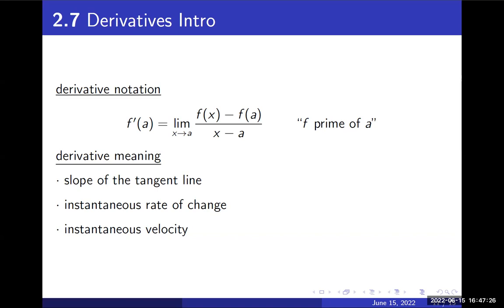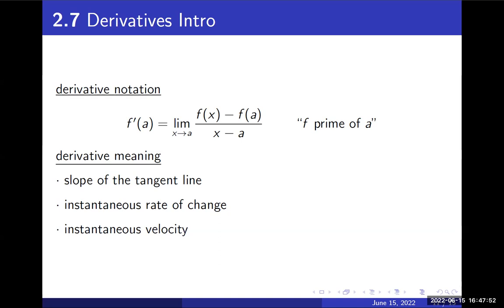It might be something like dollars per year, which doesn't have an actual physical representation. So if you see problems in the homework that say find the slope of the tangent line, they mean find the derivative. Or if they say find the instantaneous velocity, that means I'm going to need to take a derivative.